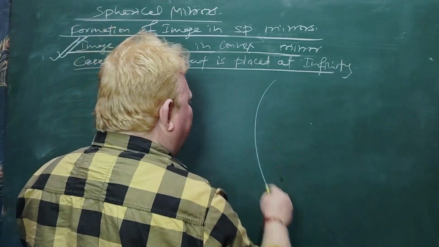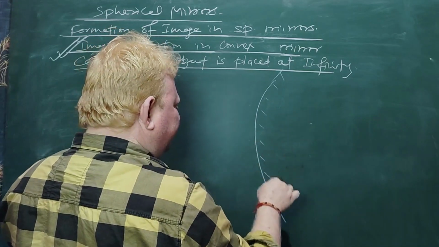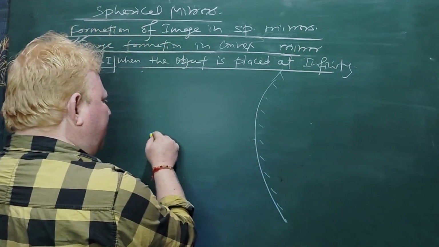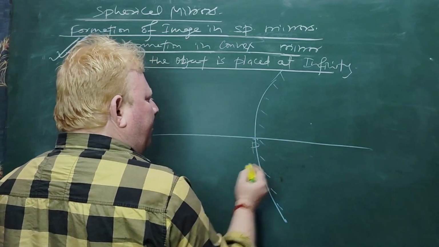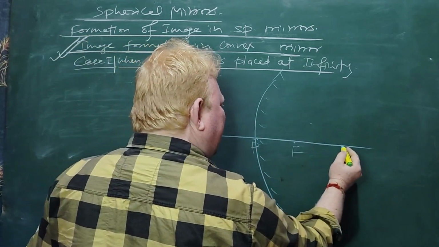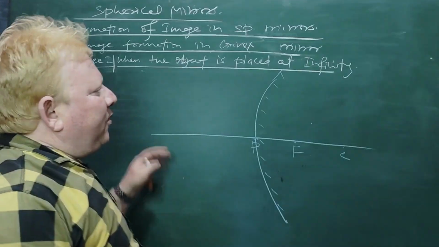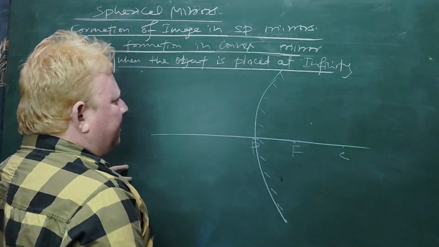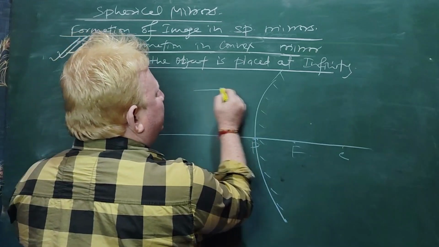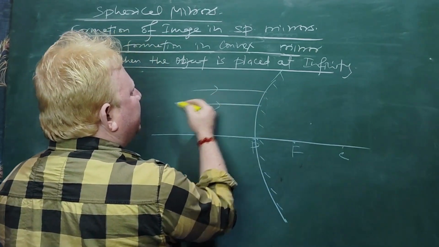So let me consider one convex mirror. This is one of the mirrors, okay. This is pole P, focus F, and this is the center of curvature. Now light rays coming from infinity, okay, assume them to be coming parallel to the principal axis or else parallel to each other. So I am considering these two at first.